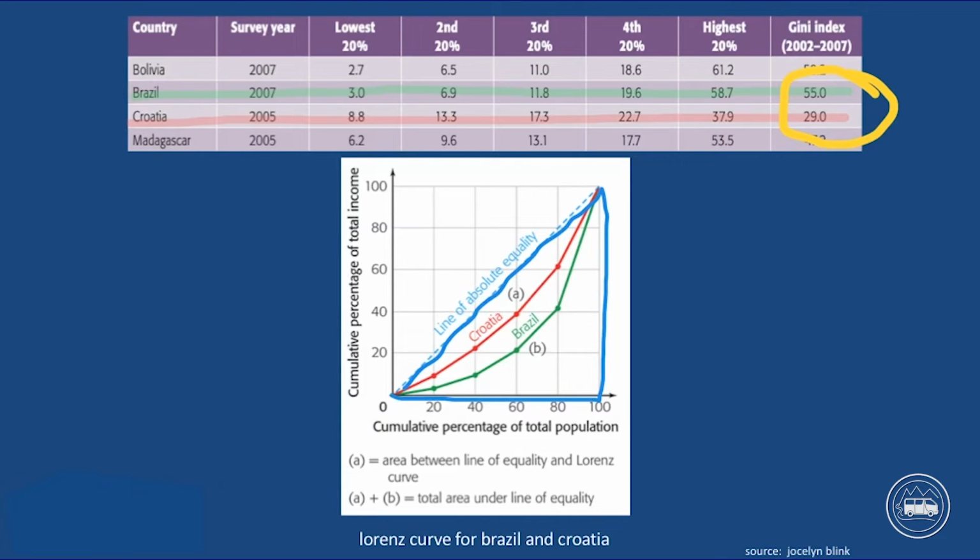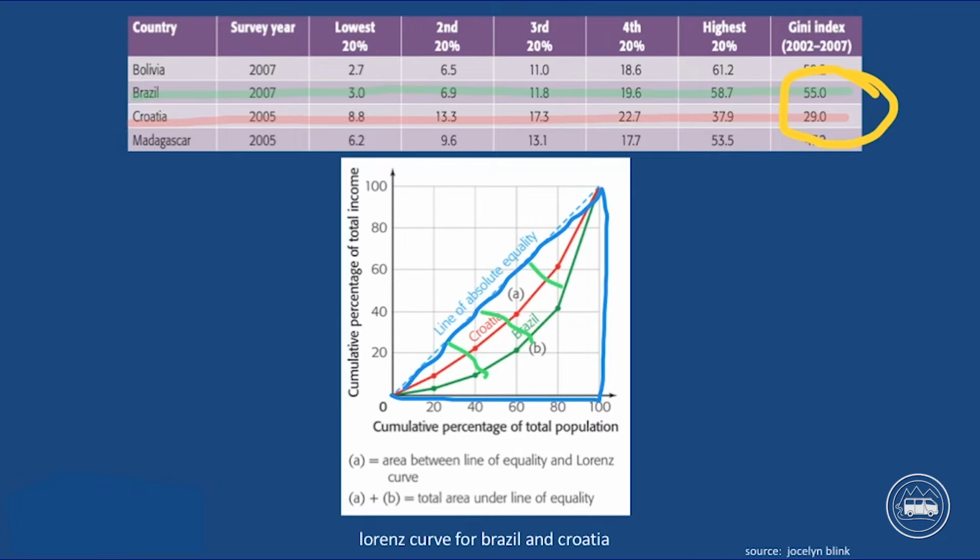What is the distance between this line of Brazil and absolute equality? What percentage of this blue triangle does Brazil actually take up if you were to look at the distance between that line and that line?